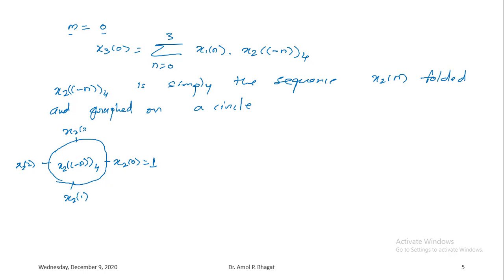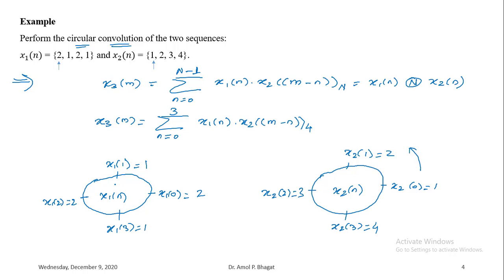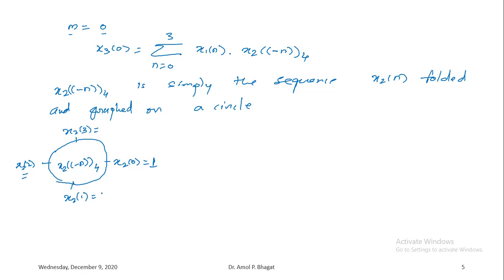So x2 of 1 is 2, x2 of 2 is 3, and x2 of 3 is 4. So here the values will be 2, 3, and 4. Okay, so this is the circularly folded sequence x2 of minus n.